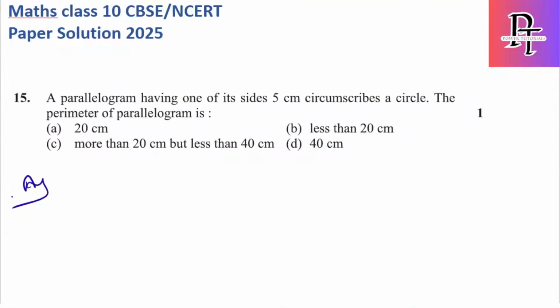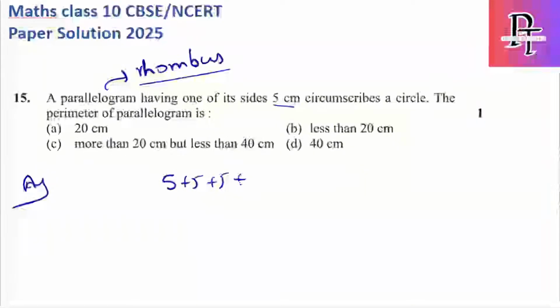A parallelogram having one of its sides 5 centimeters circumscribes a circle. The perimeter of the parallelogram is? If a parallelogram has to circumscribe a circle, then this parallelogram is nothing but a rhombus. I am calling it a rhombus because all sides should be equal. If all sides are equal, then the perimeter is very simple, 5 plus 5 plus 5 plus 5, which is 20 centimeters.